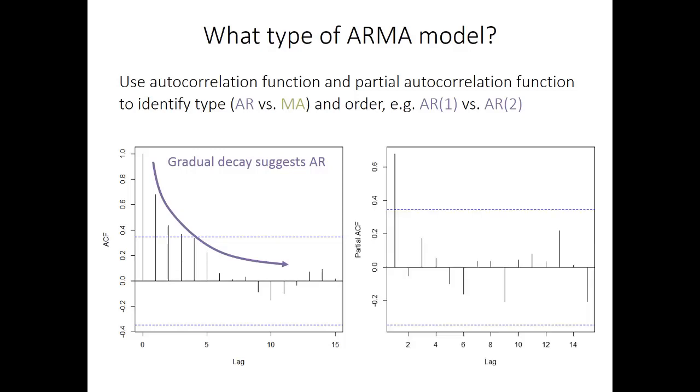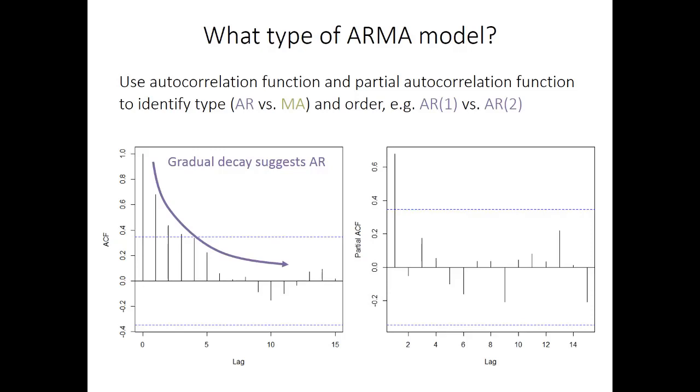The partial autocorrelation function shows the partial correlation between the residuals and the residuals at various lag values. You can refer back to the previous video for more information, but basically it's the correlation after accounting for the effect of the previous autocorrelations.